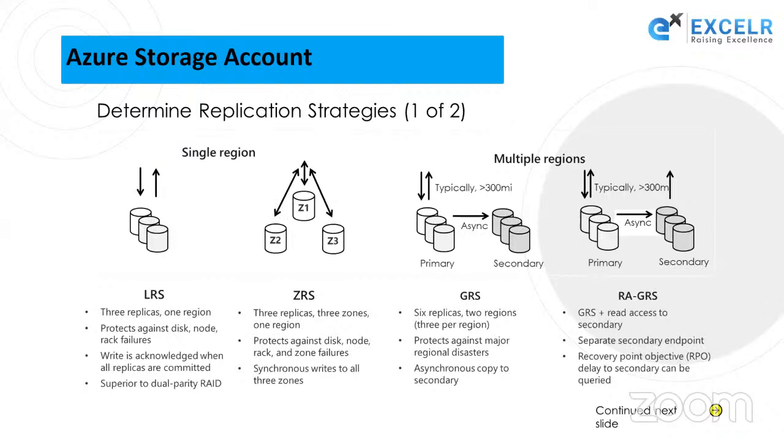This LRS is the cheapest kind of storage account, which is helpful when you want to store the data. It offers the least durability as compared to any other option available on the replication strategy.